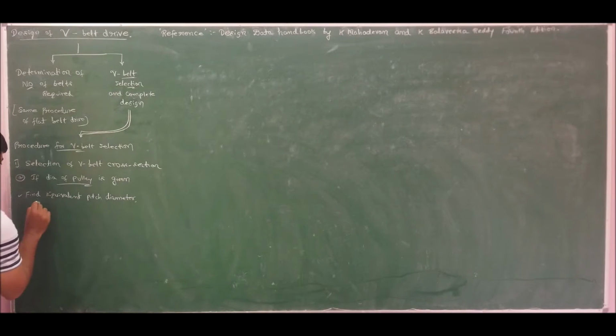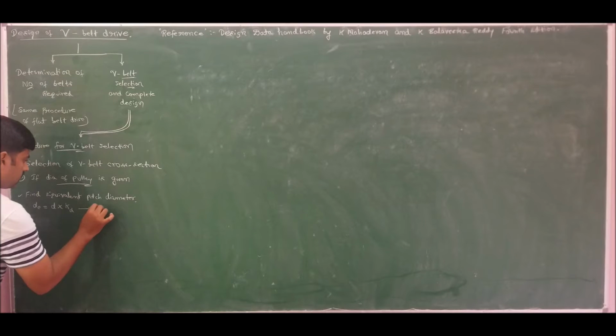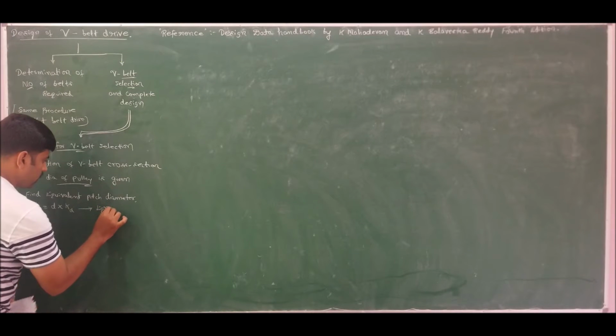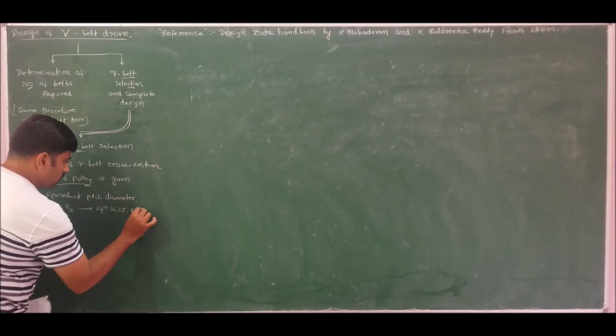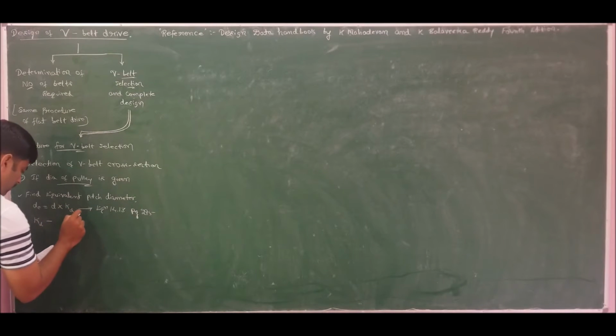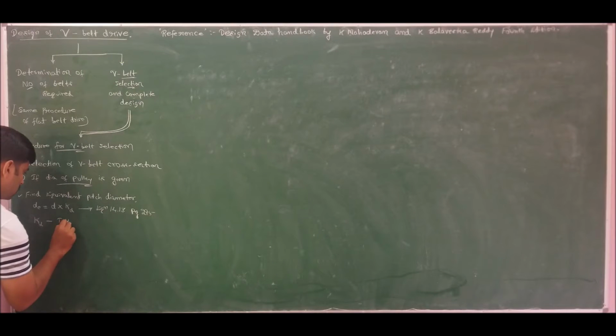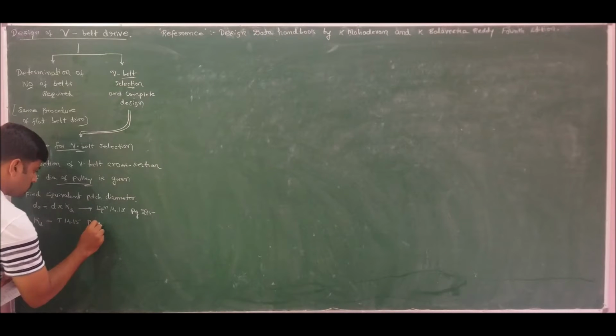The equivalent pitch diameter DE is given by the pitch diameter times the smaller diameter factor KD. This is available in our design data handbook. If you refer to equation 14.13 of page number 295, the smaller diameter factor KD is available from table 14.15, referring to page 314.